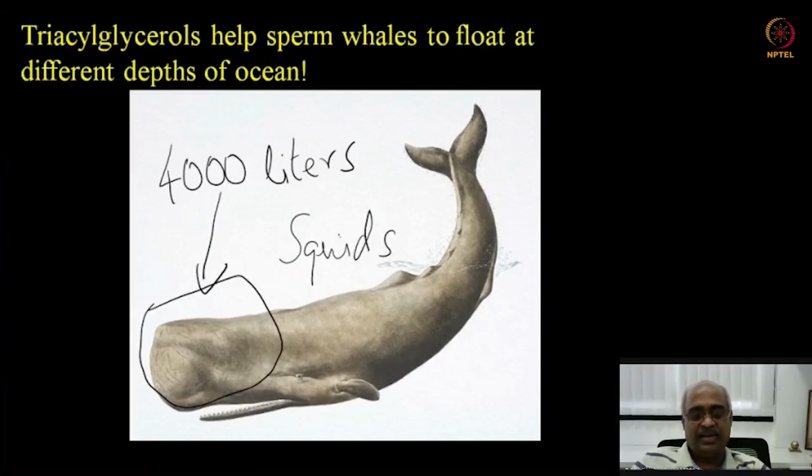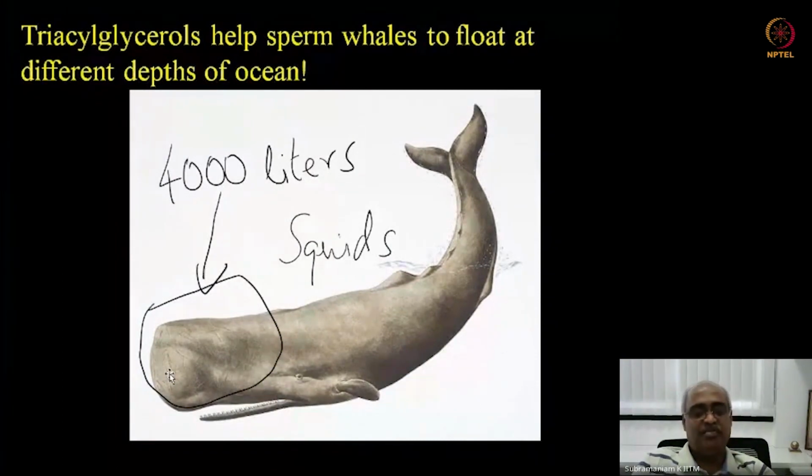The way it does that is that the triacylglycerol becomes a gel. It cools down because the temperature is cold, becoming a jelly-like solid mixture whose density matches the density of the surrounding ocean water. Therefore, it doesn't need to spend a lot of energy to stay floating at that place.